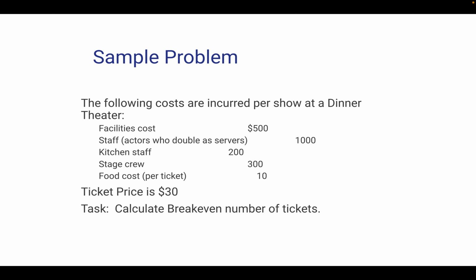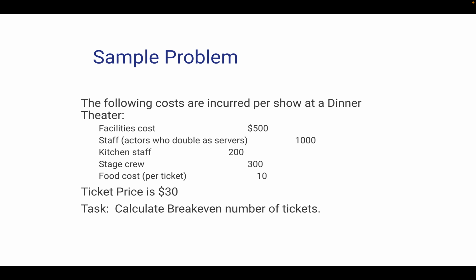You basically first have to look for the fixed costs, and then you look for the variable costs. The fixed costs are costs you have to pay anyway, no matter how many tickets you sell. So you will have to pay the facility, the staff, the kitchen, and storage. That's basically your fixed cost. In terms of variable costs, you will have to pay for food per ticket.